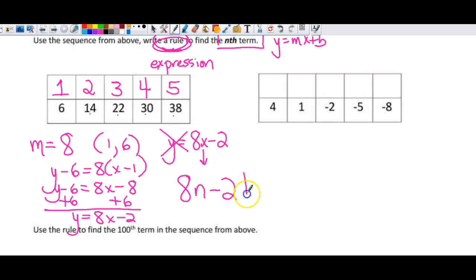Because remember, n represents the term. So this is like the term, and those are the answers. So 8n minus 2 is the rule, or the expression that I'm asking you to find.